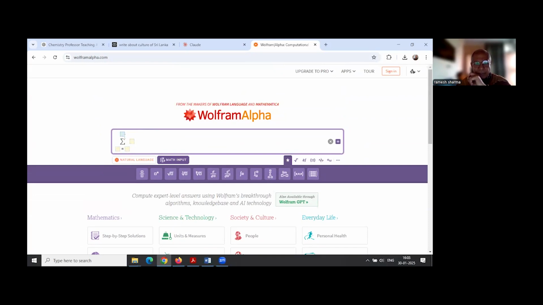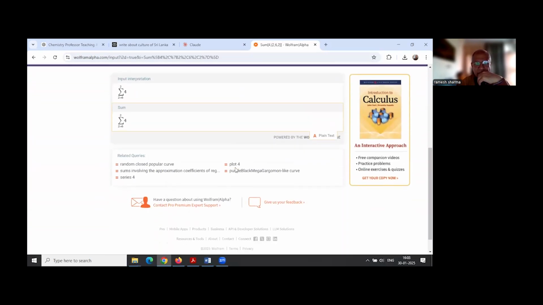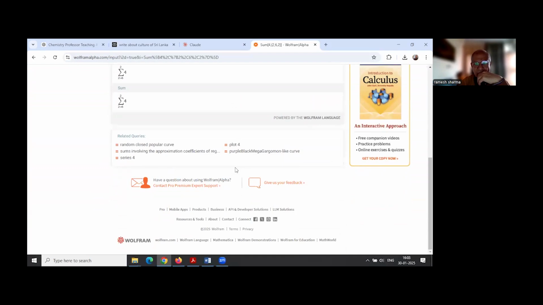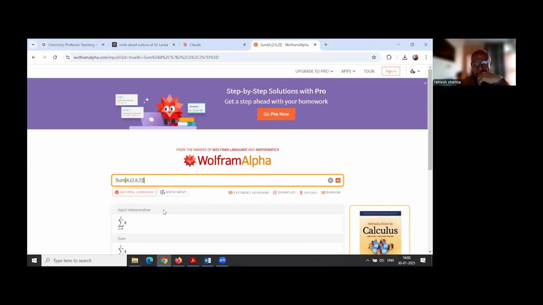For example, here you can type the square root, say of 2, and here you can type something. And then it can give you the interpretation. So we have been able to type it in, and it follows the natural language.